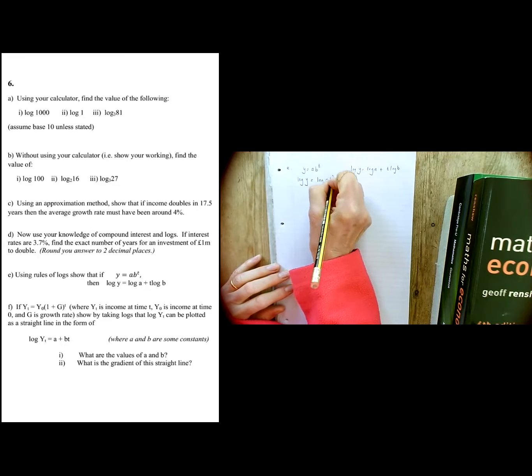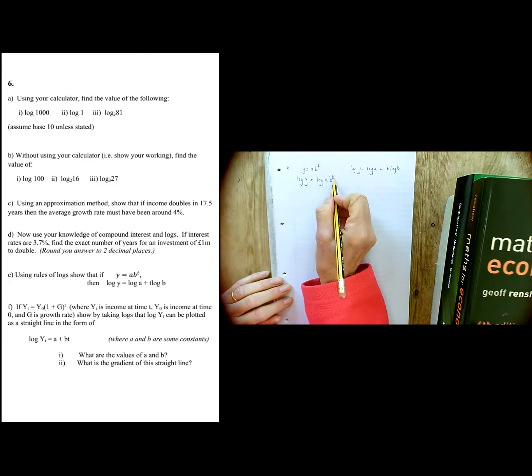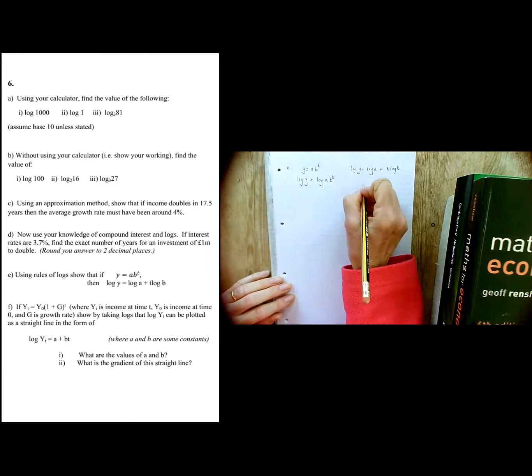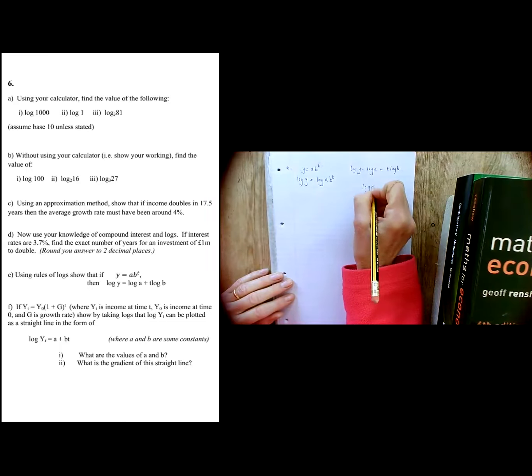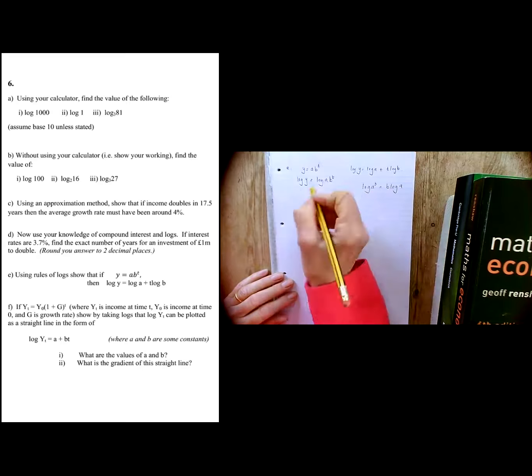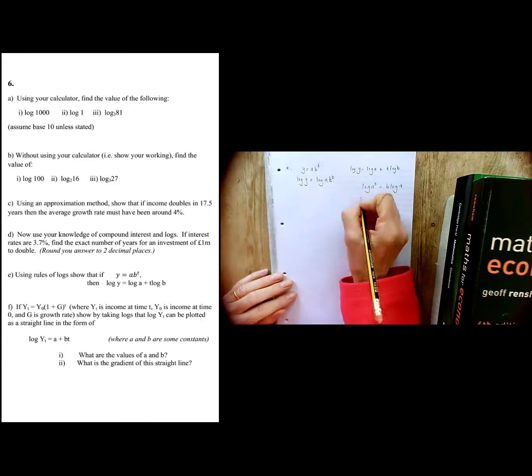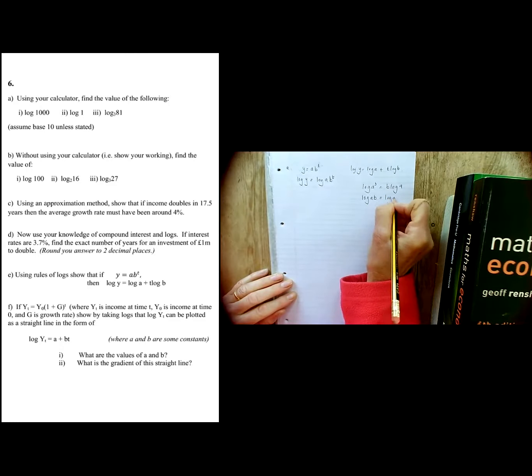That's well and good, but I would awfully like to get this t out of there. But I can't use log a to the b equals b log a at the moment, because there's this a in the way. So I need to use a different rule of log. Remember this one?